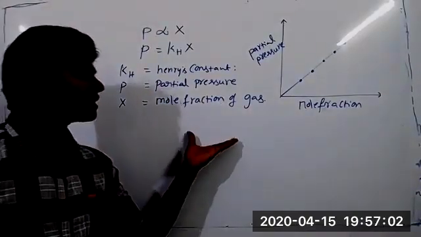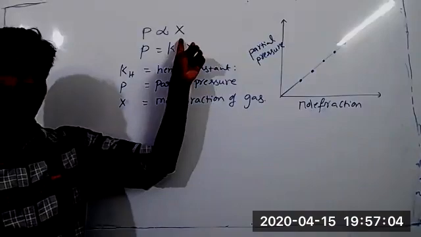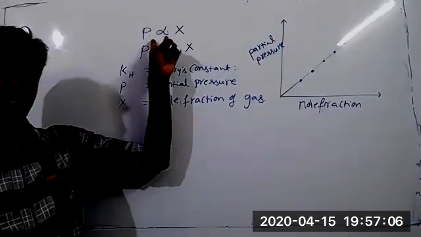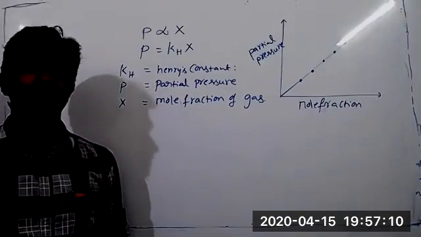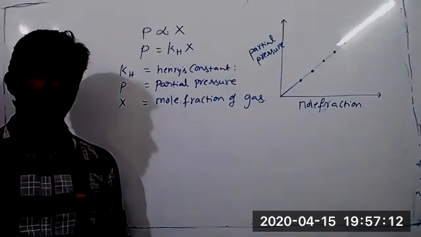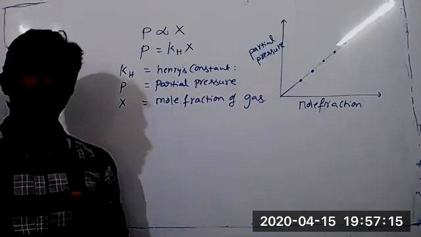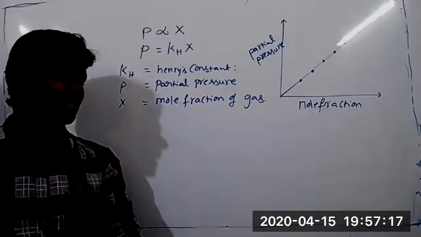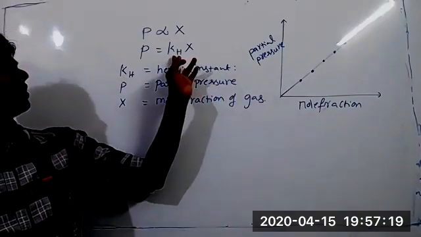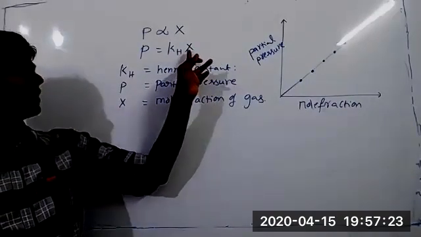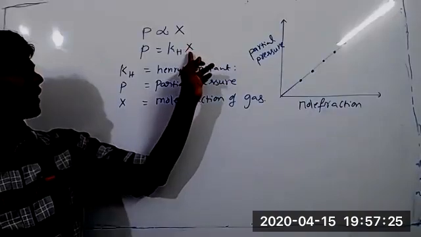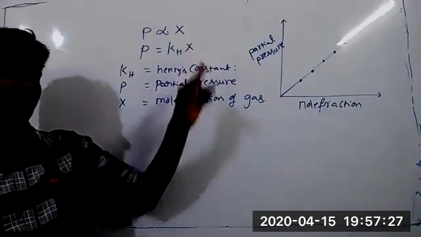So according to Henry's law, the solubility of gas in liquid increases with increase of pressure. Pressure is directly proportional to solubility of gas in liquid, but temperature is inversely related. With increase of temperature, solubility of gas in liquid decreases because of KH. Suppose KH is increased, mole fraction, which is nothing but the solubility term, decreases.